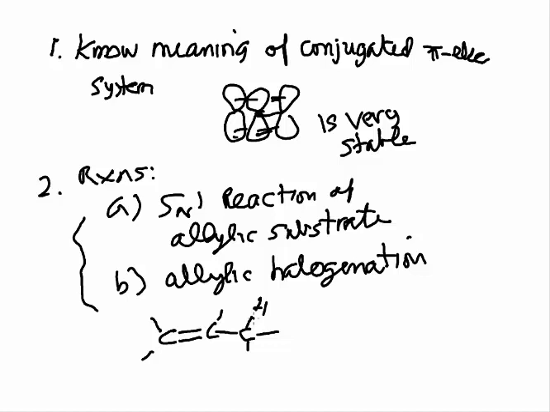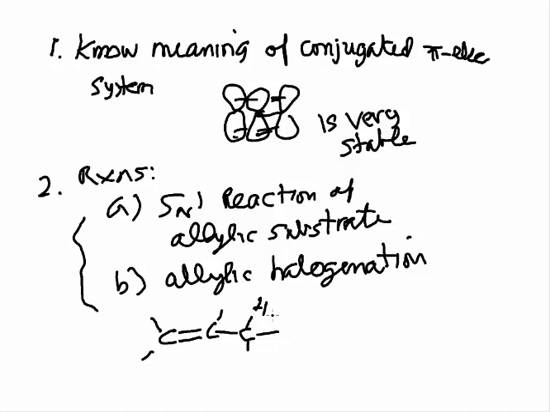And you can see the exception just from, well, you want to think about it in this way. Just because you see a double bond doesn't mean it's addition. There's two situations now.